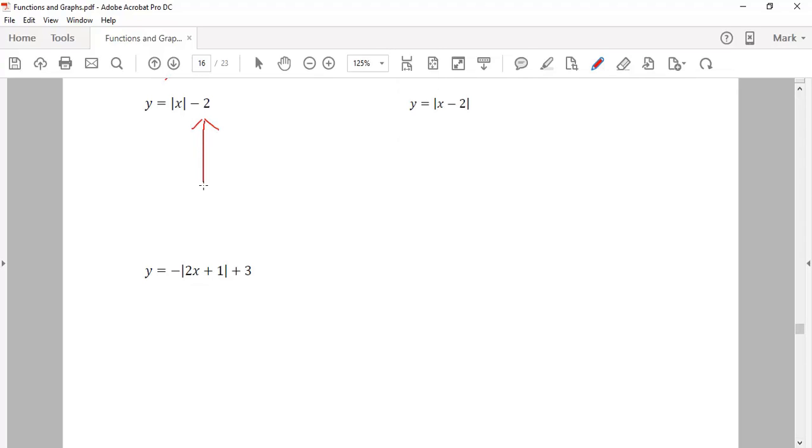We have our basic graph, but because it's normally at 0, it's going to move down 2 units. If we wanted to find the x-intercept, let y equal 0, so you get absolute value of x equals 2. Remember that's a positive and negative case, so we get 2 and -2.